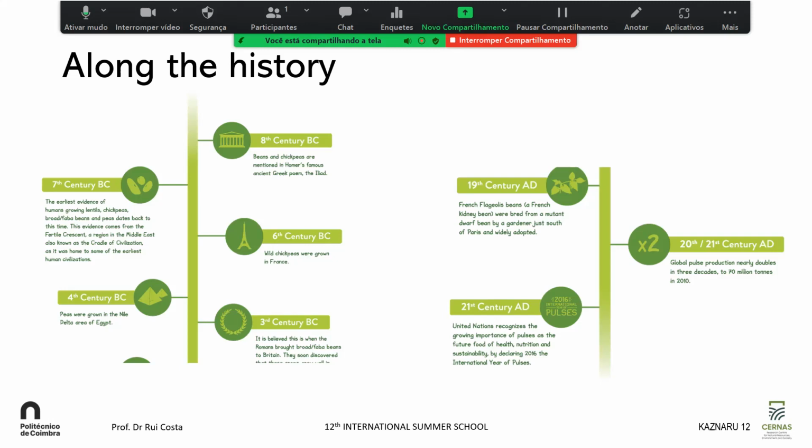And nowadays they are gaining importance, and in 2010 they doubled their production compared to the beginning of the century, and to 30 years before, and it is expected that this will double soon.